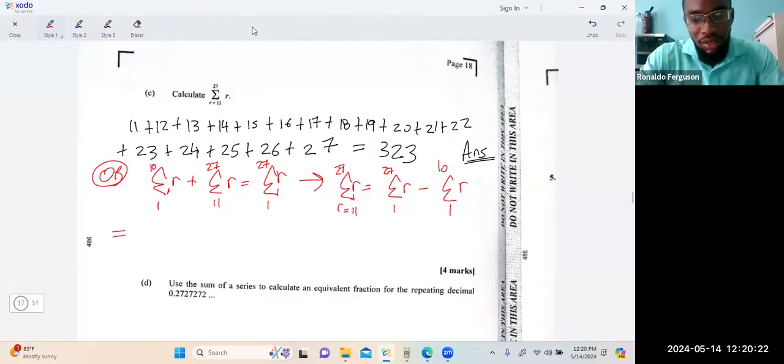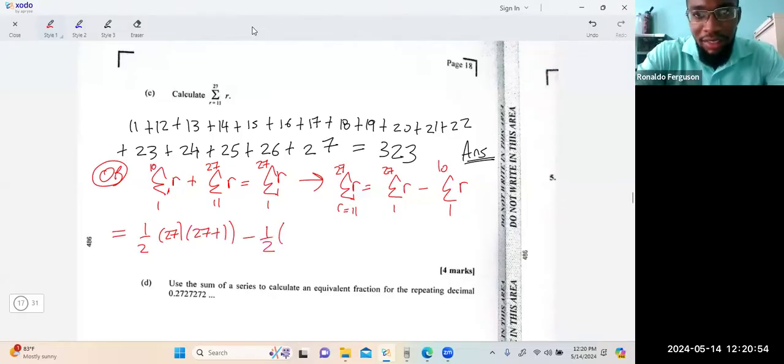Using the formula half n in bracket n plus 1, it's half times 27 times 27 plus 1 minus half times 10 times 10 plus 1.